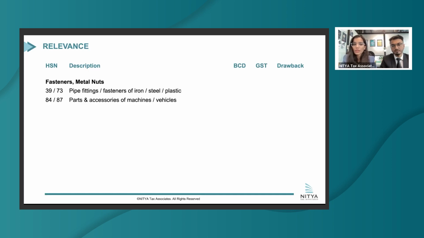However, the correct classification is basis their specific heading. If we see the difference in rates, there would be a difference in BCD: if you classify under the specific heading, it would be 10 to 25, and if you classify under parts, it would be 7.5 to 15. There is a clear GST rate difference of 10%, and then there is a difference of drawback also. And we have not covered others, but road tax, etc., also differs with respect to the classification.